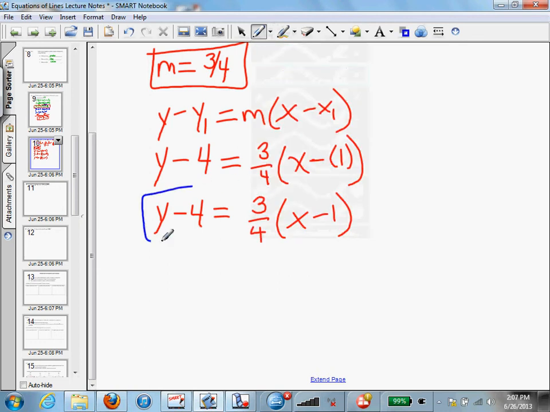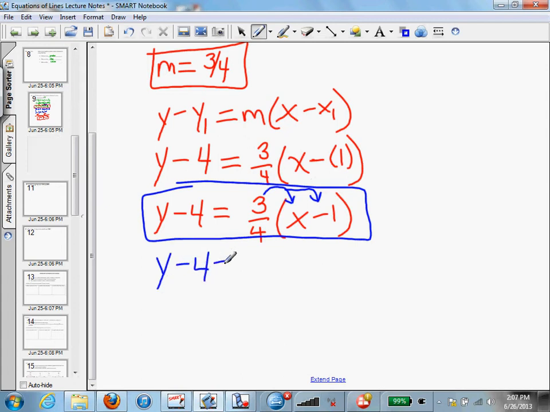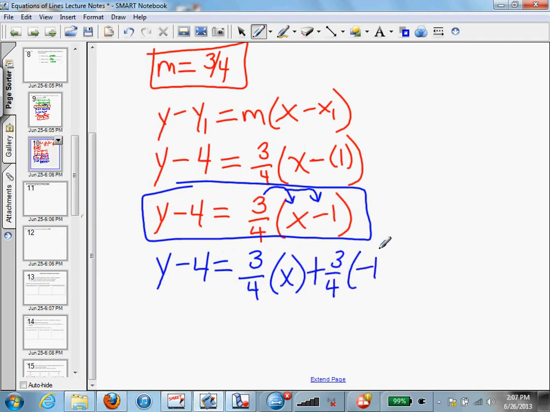Okay, and now this is in point-slope form. To put it in y-intercept form, take this 3/4 and distribute it across everything inside the parentheses. y minus 4 equals 3 over 4 times x plus 3 over 4 times negative 1. To simplify, we have y minus 4 equals 3 over 4x minus 3 over 4.